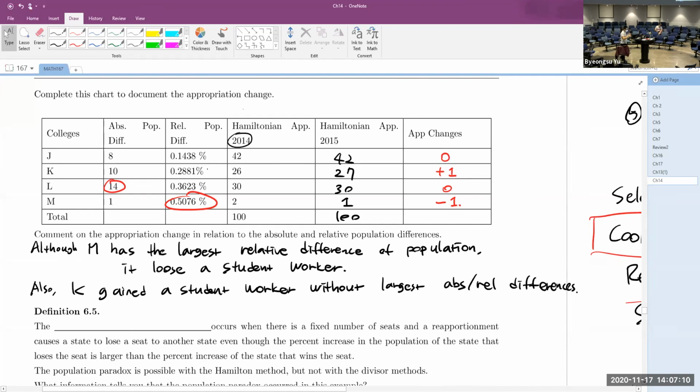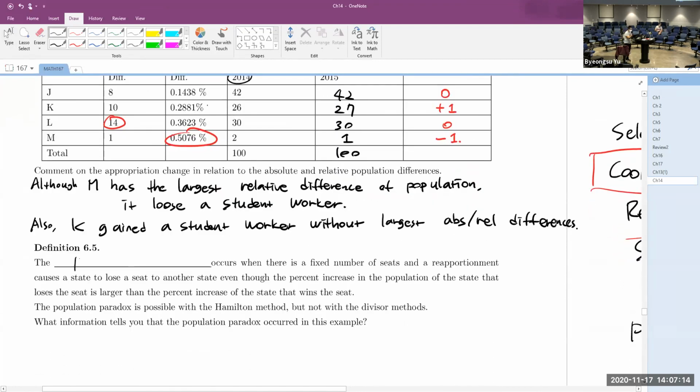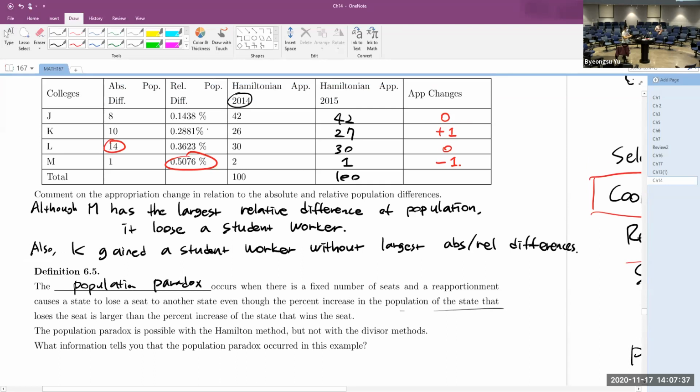So again, this population paradox already happens. This definition 6.5 is just population paradox. It occurs when there is a fixed number of seats and reapportionment causes a state to lose a seat to another state, even though the percentage increase in the population is larger than the percentage increase of the state which wins the seat.